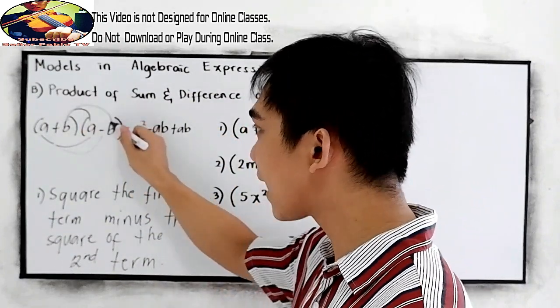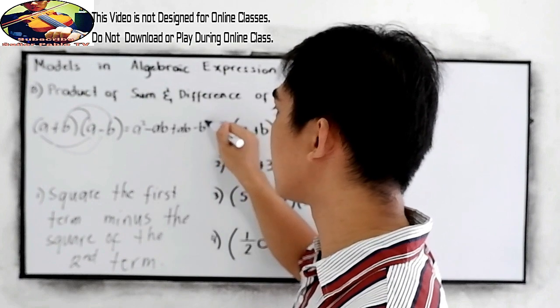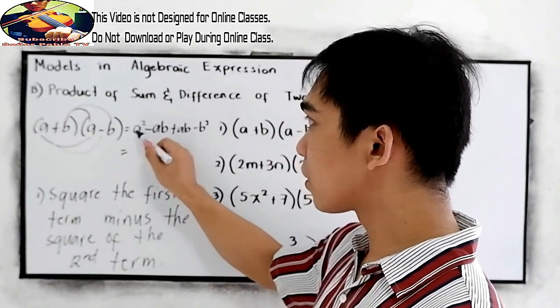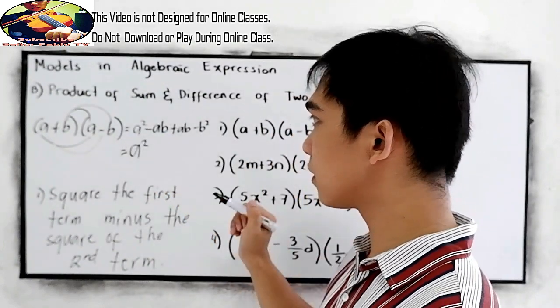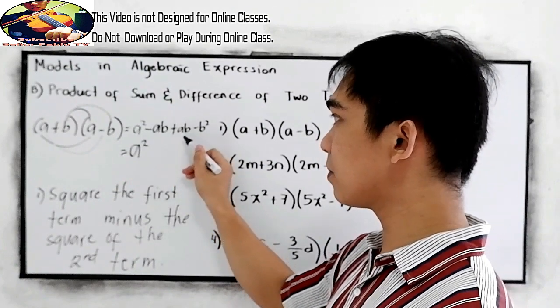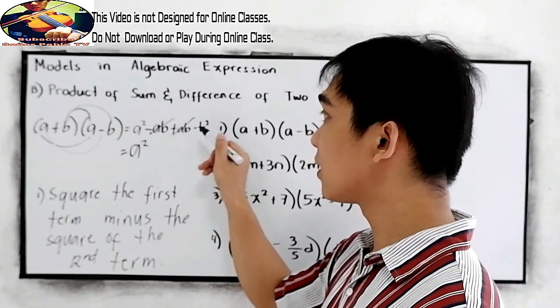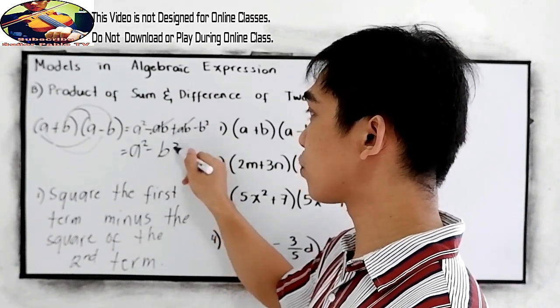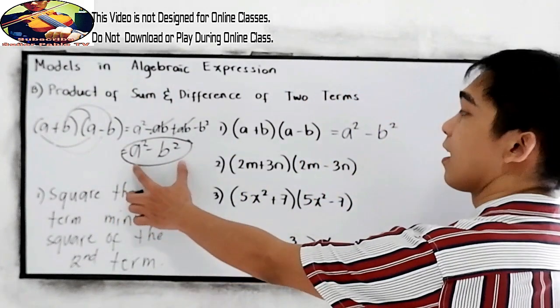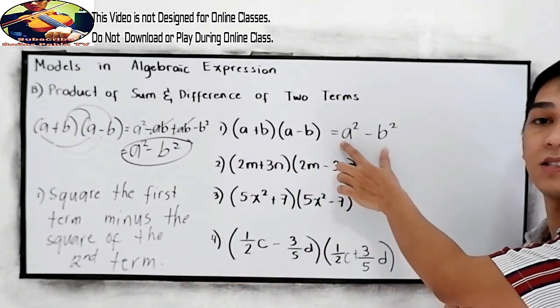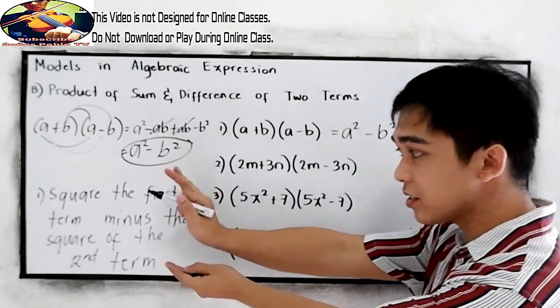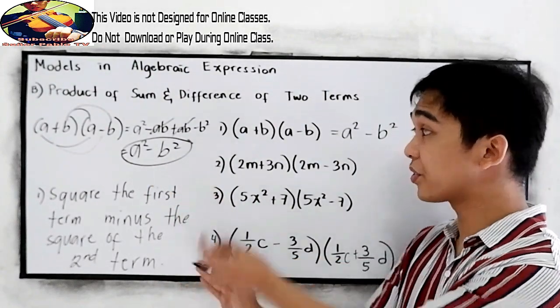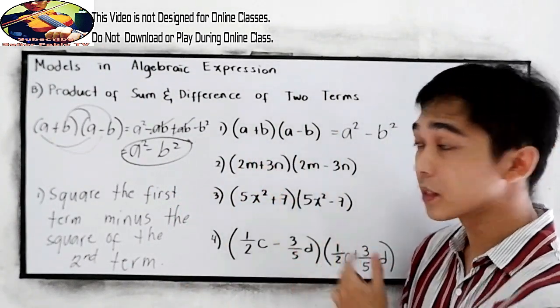And b times negative b, negative b squared. So a squared, negative ab plus ab, that will give us 0. Then minus b squared. Are they the same? Yes. So memorize our shortcut if you will encounter this kind of problem.